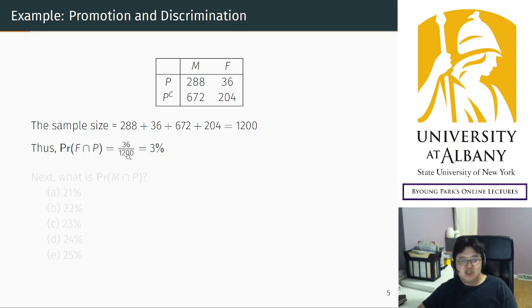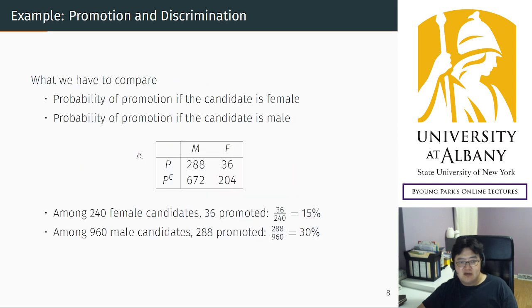But now by changing the denominator, restricting the pool size to 240, you get another probability, which is 15%. So this makes more sense. And as a result, still after adjusting the pool size, the probability of promotion is higher for men than women.